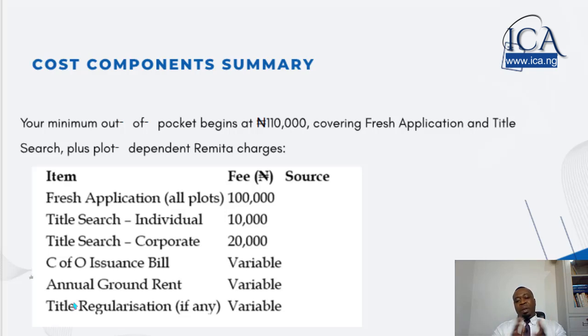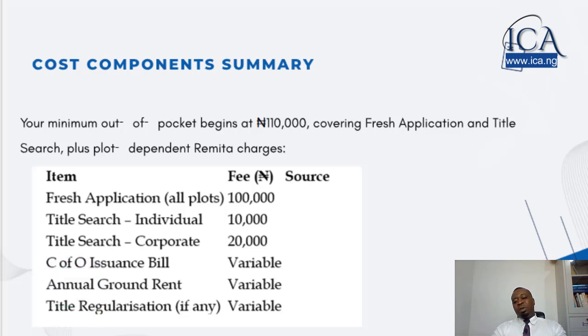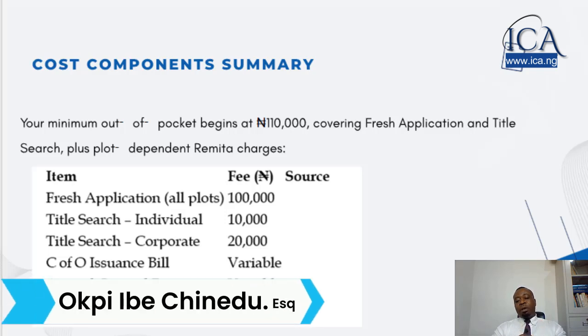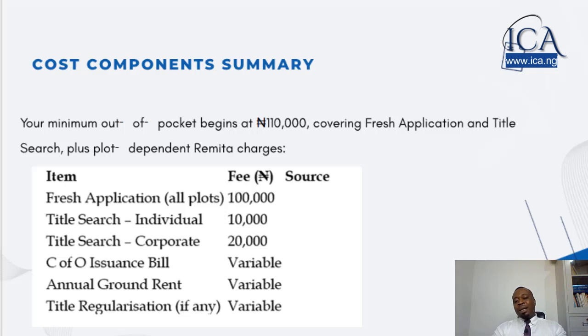The fresh application fee is 100,000 naira, and then for an individual, the search fee is 10,000. If it's a corporate entity, a company, then the sum of 20,000 naira has to be paid.